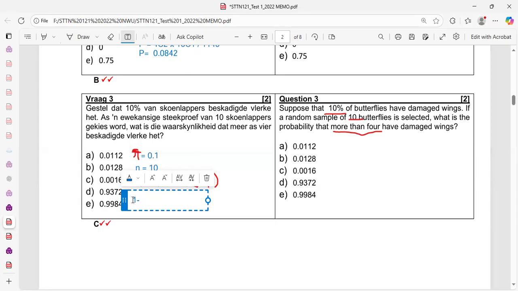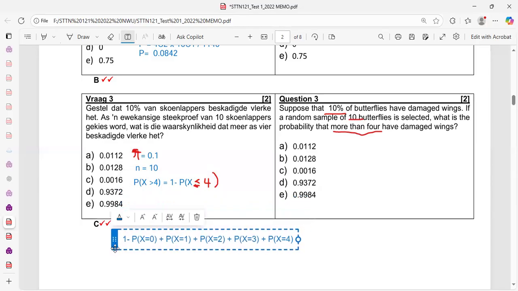So it's 1 minus the probability where x is equal to 0 plus the probability where x is equal to 1 plus the probability where x is equal to 2 plus the probability where x is equal to 3 plus the probability where x is equal to 4. Then we're done.